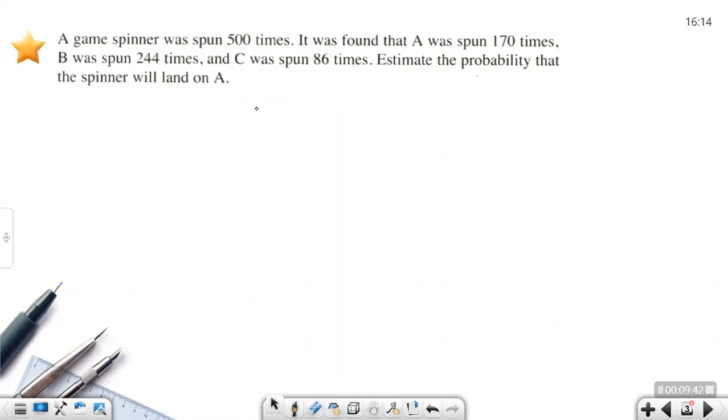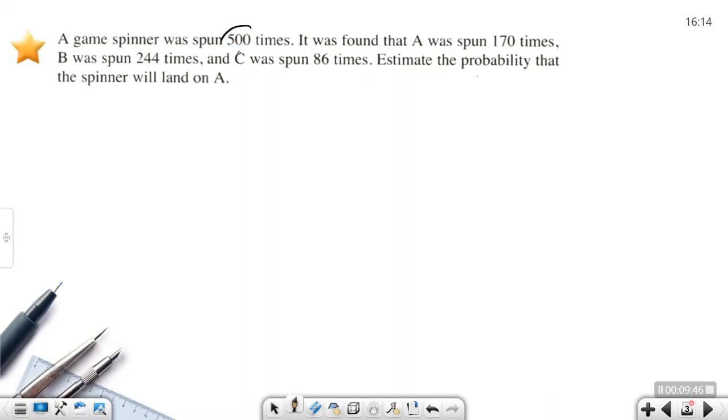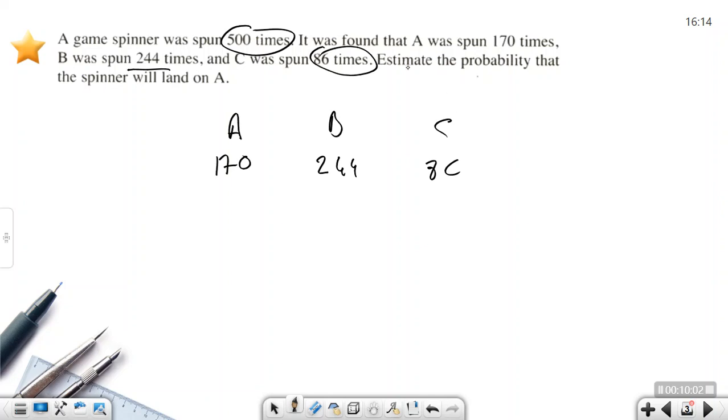A game spinner was spun 500 times. It was found that A was spun 170 times, B was 244 times, and C was 86 times.